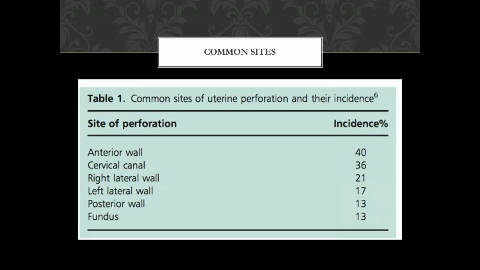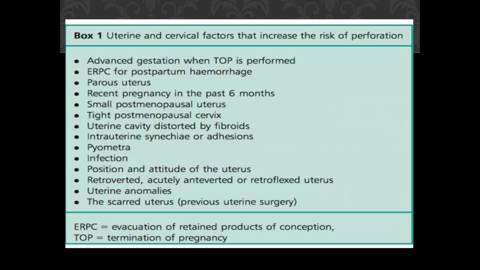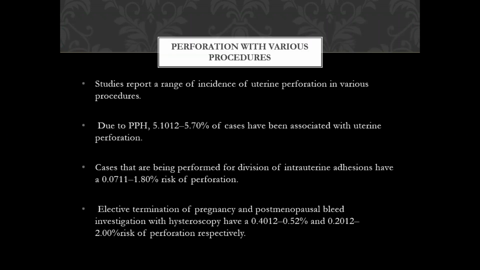Cervical dilatation. Okay. These are the common sites for uterine perforation and incidences, as we discussed before. And this is the incidence of uterine perforation through different instruments. All of these factors may influence the risk of perforation as well. We discussed all this.